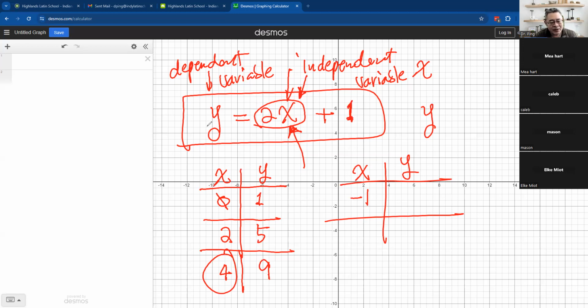That means y depends on what the x value is, and also depends on what kind of function we're dealing with. So if we plug in -1 for x, we get y = 2 times -1 plus 1. Now 2 times -1 is -2. -2 add 1 is -1. So in this case, it should be -1.